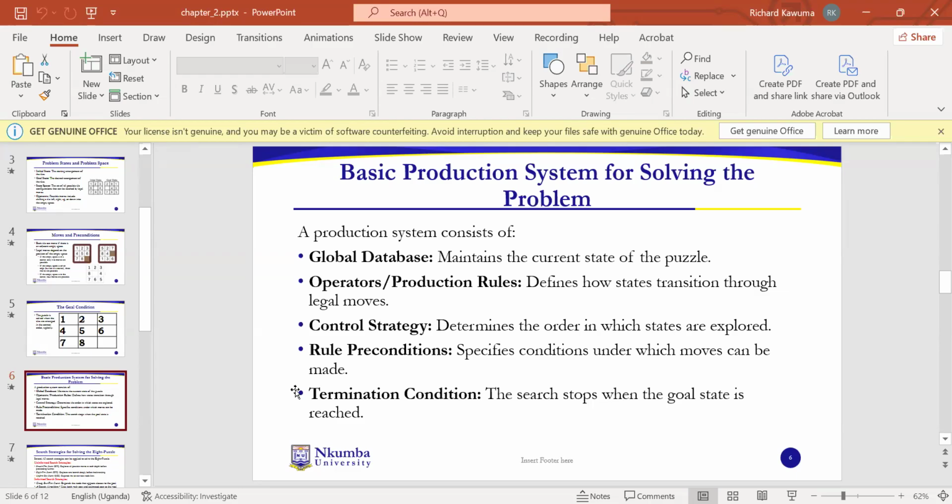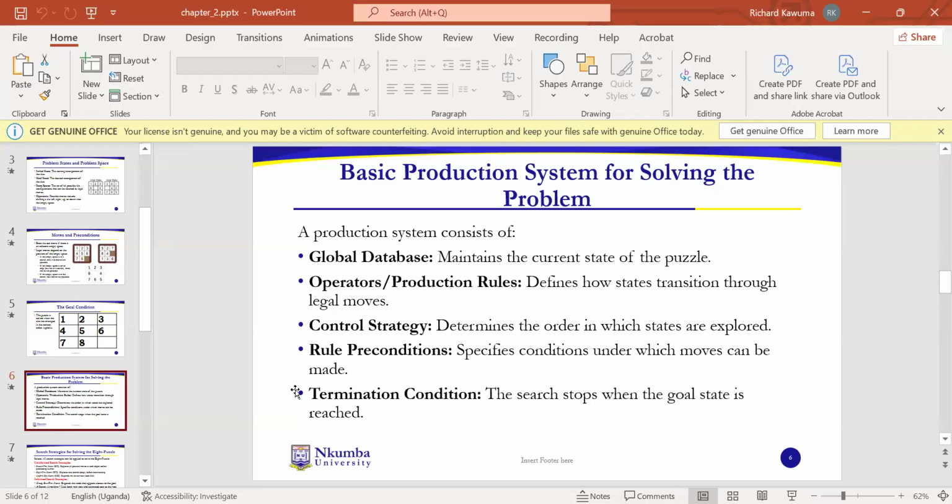You want a degree in computer science. Now you have the option to go to Nkumba. You have the option to go outside of Uganda. You have the option to go to Makerere. You have the option to go to UCU. So you have as many options as there are universities in the country. Every university is an option to you.